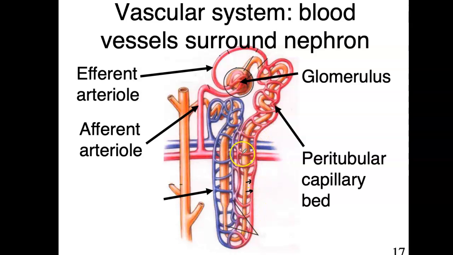Now notice as it surrounds the descending loop and then comes up the ascending loop here. Now some of this is the venous end of capillaries, and that is called the vasa recta. Okay, peritubular capillaries and vasa recta.